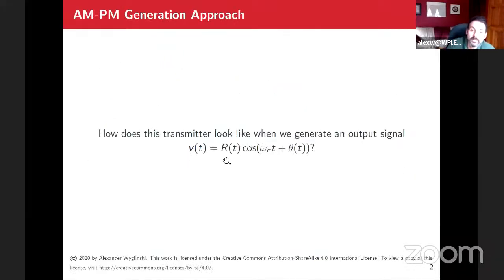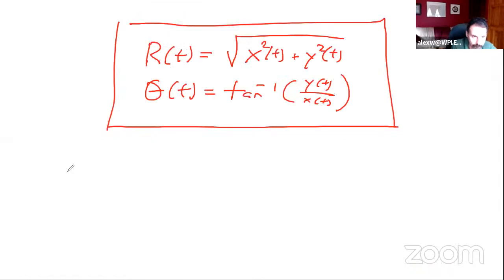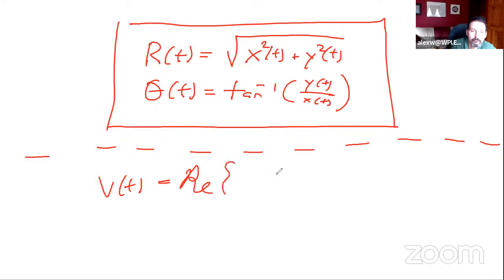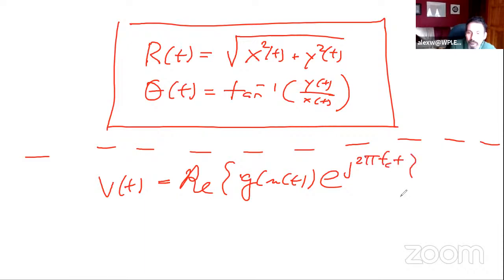So let's look at this first. You might ask, what is this? Where did we get this? Well, let's work this out mathematically. Let's say we take g of m of t and start off with this, times e to the j 2 pi fc t.